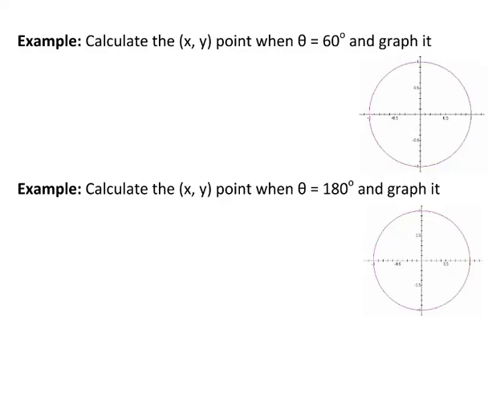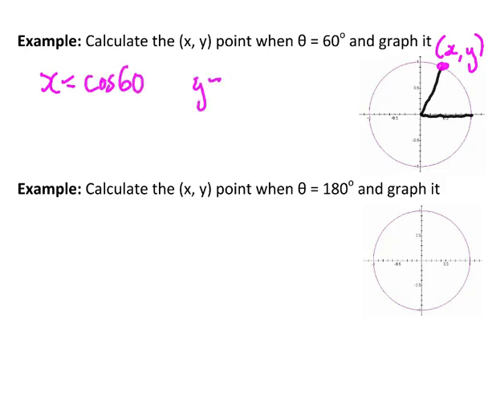Let's try that out with just some examples. Let's say your angle is 60 degrees. So that looks like this. There's my x-axis, there's my terminal arm. If I wanted to know the coordinates of this point here, that point has x, y coordinates. Then the x part is going to be cos of 60, and the y part is going to be sine of 60.